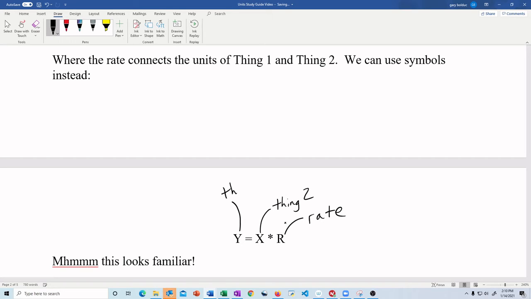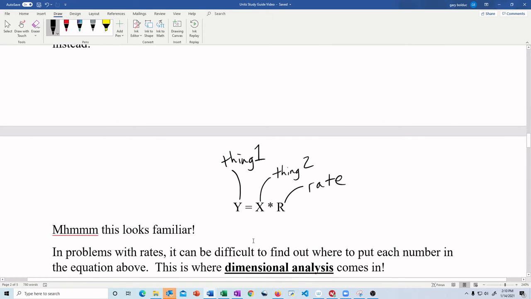And this is thing 1. So I'm going to put a symbol on it because I don't want to keep writing thing 1 and thing 2. I'm not Dr. Seuss. So we've got this formula. But wait. Doesn't this look really familiar? I feel like I already messed around with a formula that was something like number equals number times another number. This looks so familiar. And that's because it is. This is from the percentages.